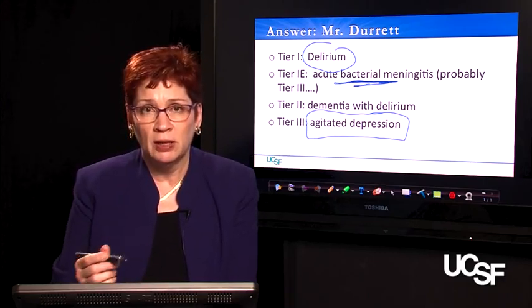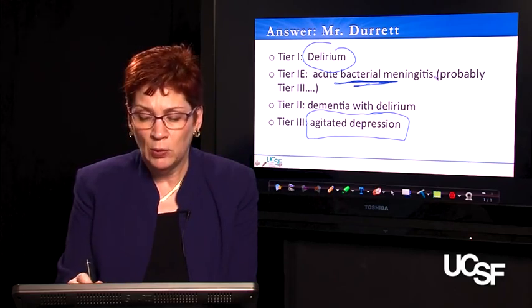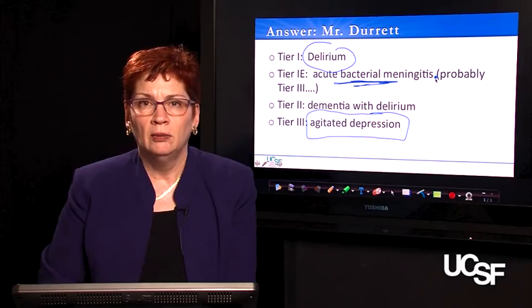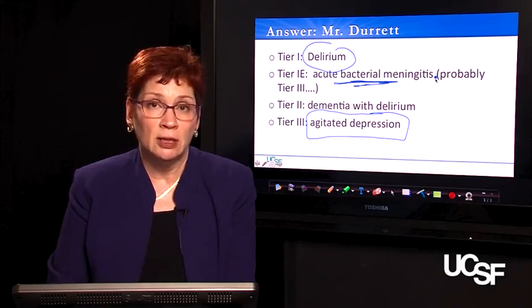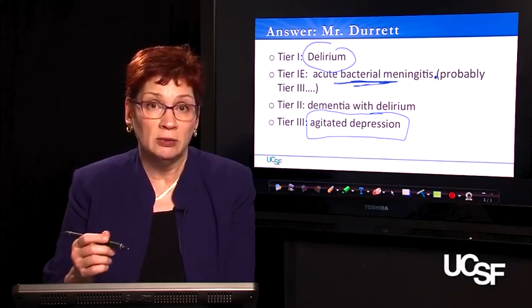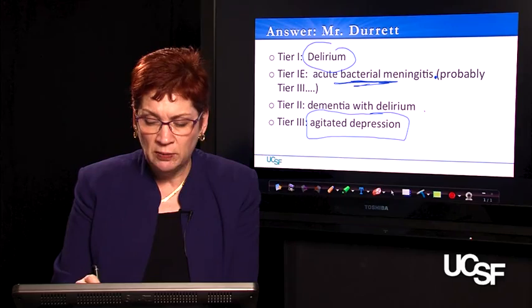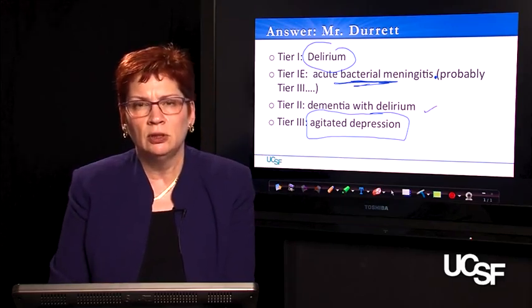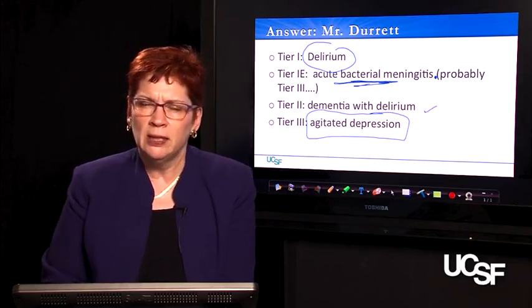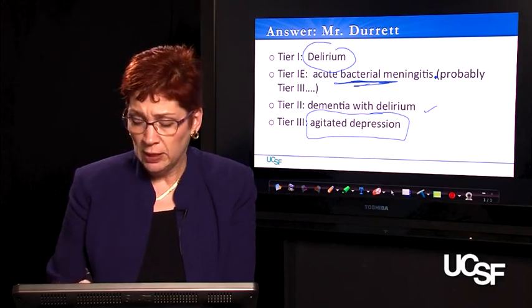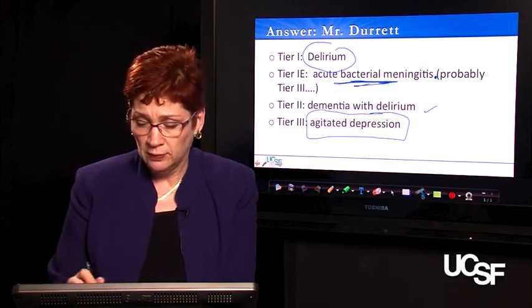But we've talked about the possibility that you might be a little bit more liberal in considering serious bacterial infections that might cause death or disability overnight if you guess wrong. And Tier 2 might be dementia with delirium, right? So certainly dementia doesn't happen overnight, but maybe he has a little underlying dementia and the delirium is making it worse.